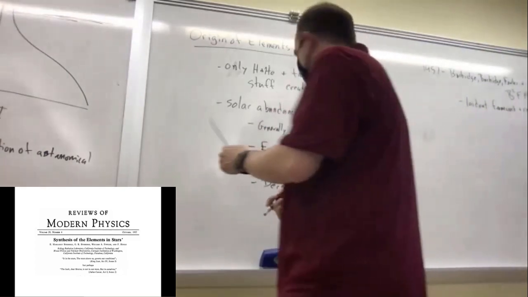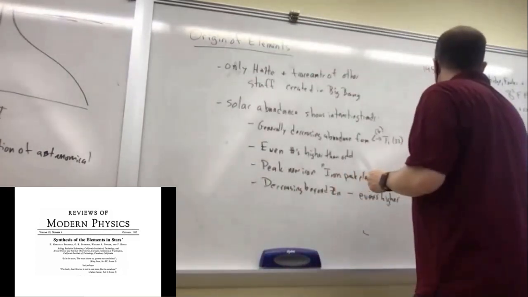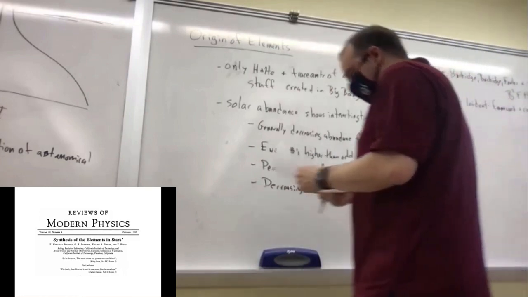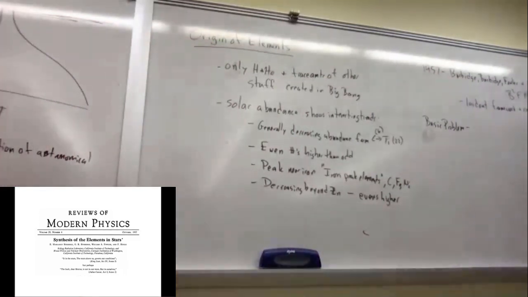So here's the basic problem with high Z elements: it's very hard to use protons to add to the mass. Once you have an iron atom, it's going to be very hard to smash it with another proton to build up its mass, to build up its Z number, because the Coulomb barrier becomes just too intense.